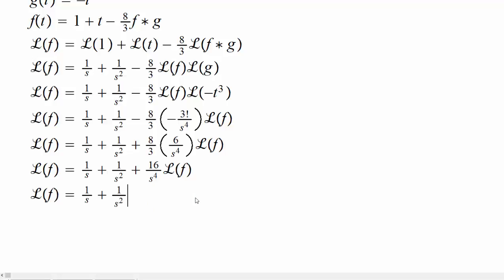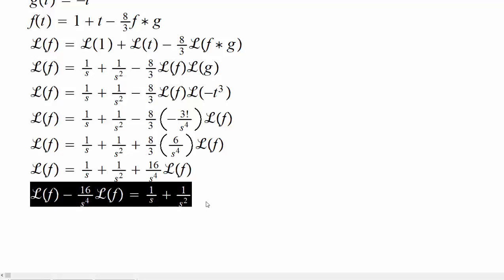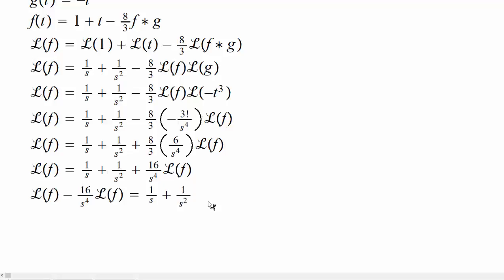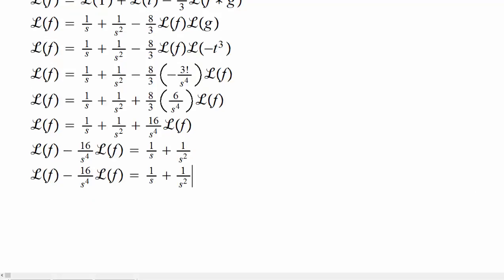So here we go. We got this here, and this will change sign. All right, and then we have this. Now we can factor this out, and when we do that, what will be left behind is 1 minus 16 over s to the power 4, and that whole thing will equal how much?